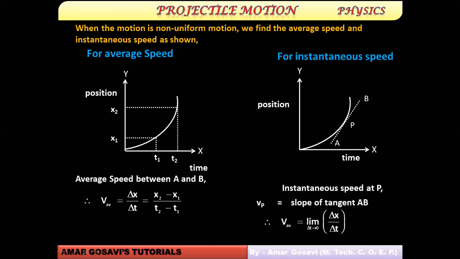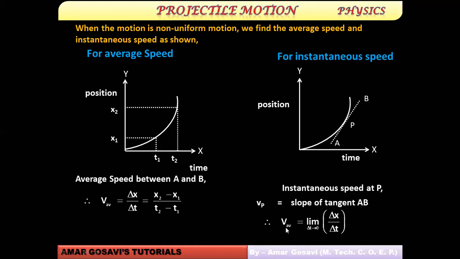When I say delta t is tending to 0, what does that mean? Delta t is about to become 0, but it has not become 0. That means T2 is very near T1, but T2 is not exactly at T1. That means the difference between the two has not become 0, but it is nearly 0, about to become 0.